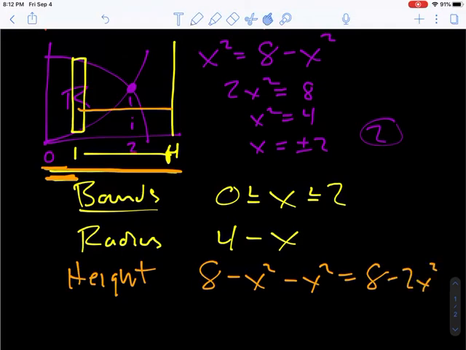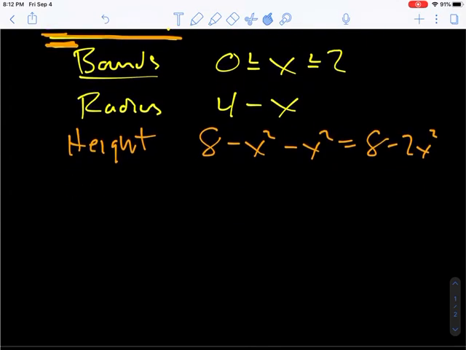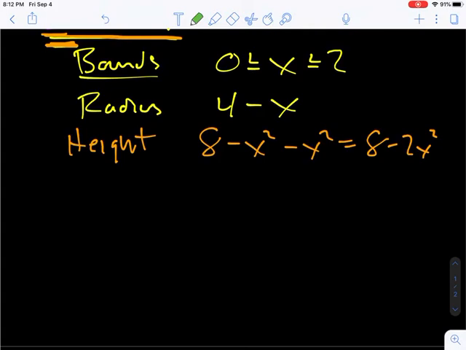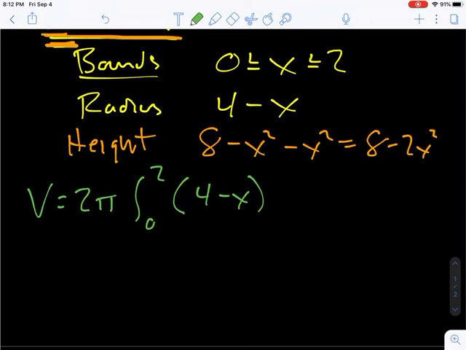Next step would be to put it all together into our integration formula. So volume is going to be 2 pi times the integral from 0 to 2, my bounds of integration, times my radius, times my height of each rectangle.